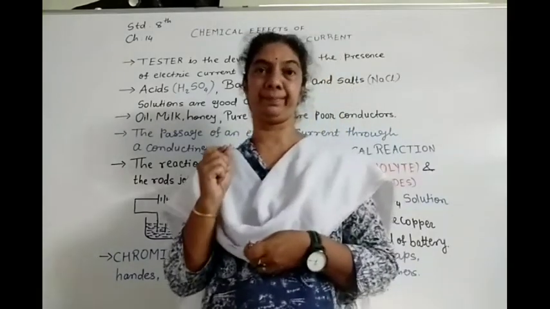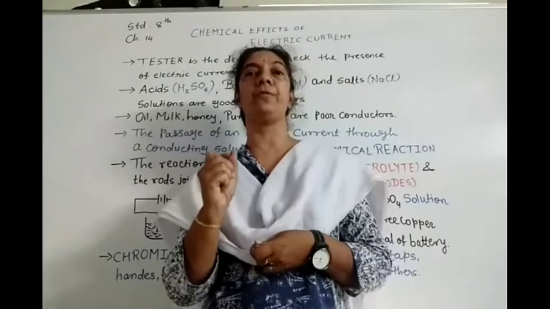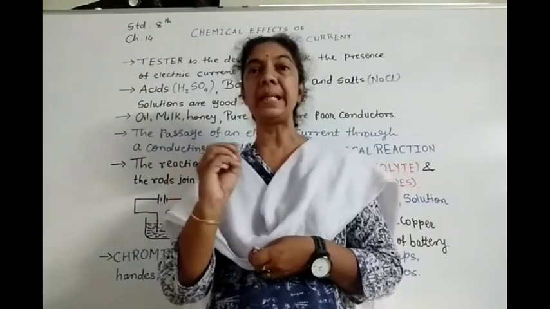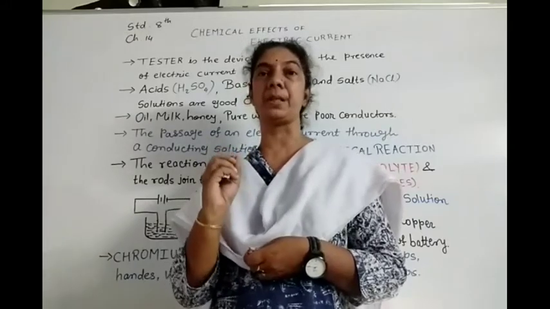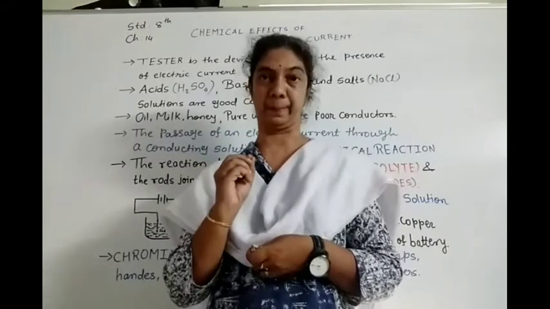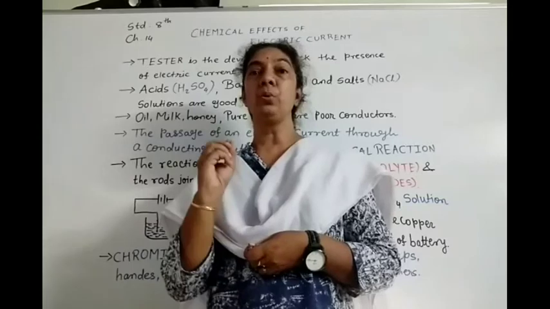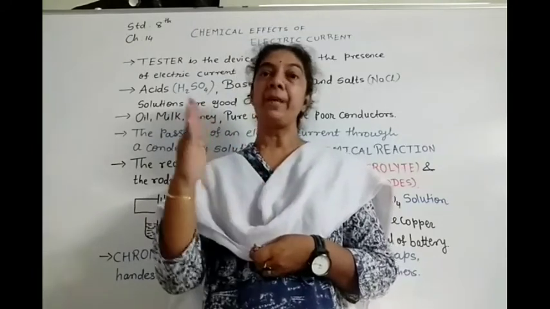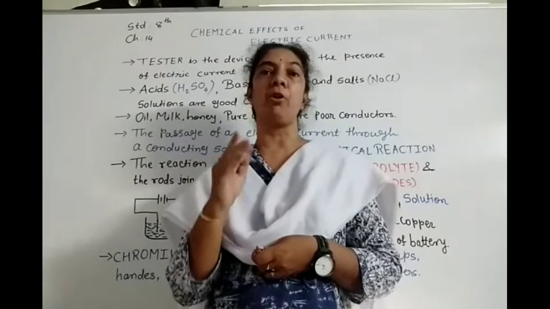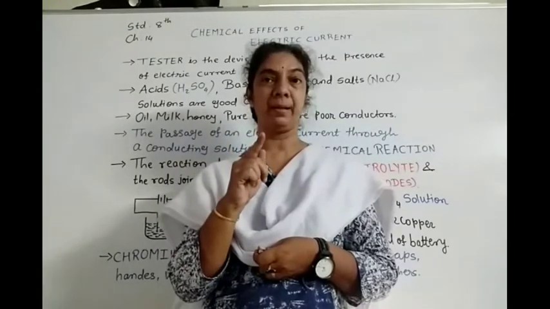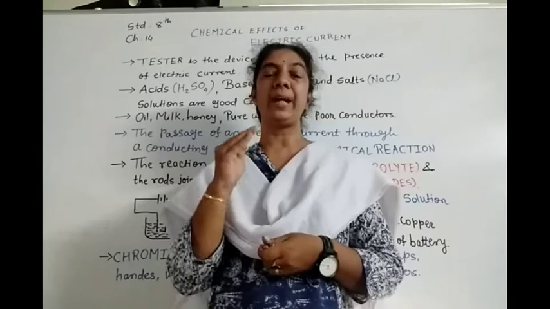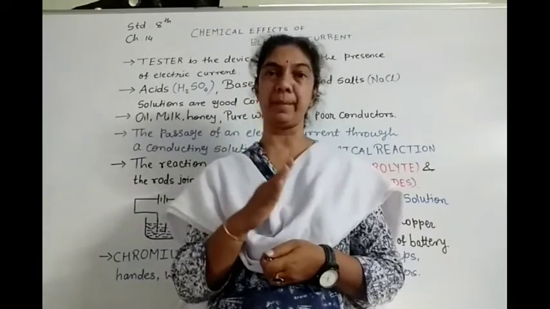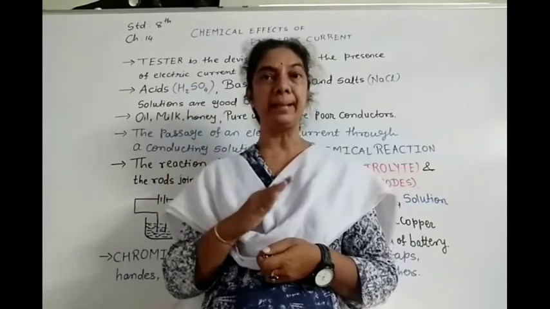mostly iron. And one of the properties of iron we know is that it is corroded, it is eaten up as it comes in contact with water. So to avoid this, to prevent this, we can have a thin layer of chromium on that. So the coating of any other metal on another substance or metal is known as plating.